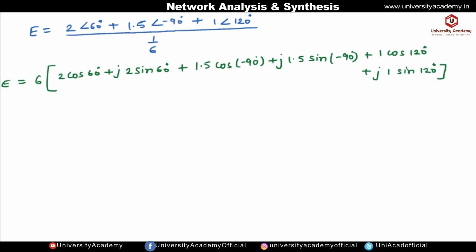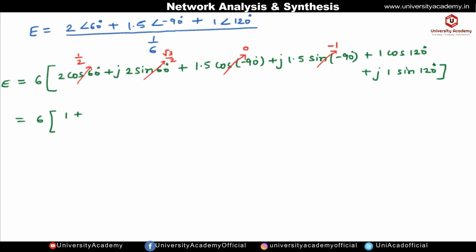Okay, so 6 into, cos 60 is 1 by 2, so 2 into 1 by 2 is 1, then plus j, sine 60 is root 3 by 2. So cos of minus theta is cos theta, and cos 90 is 0, and sine of minus theta is minus sine theta, that is minus sine 90 degree, and sine 90 is 1.